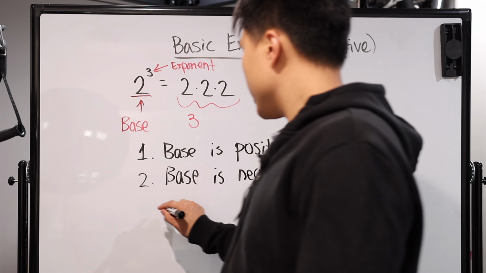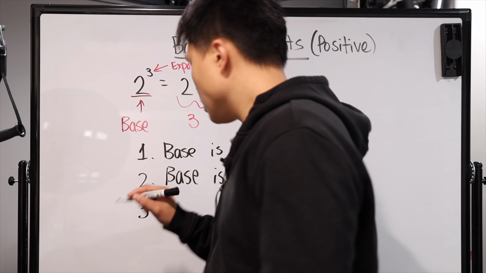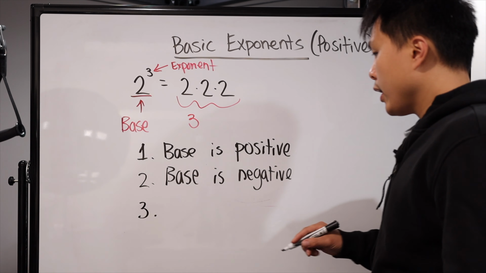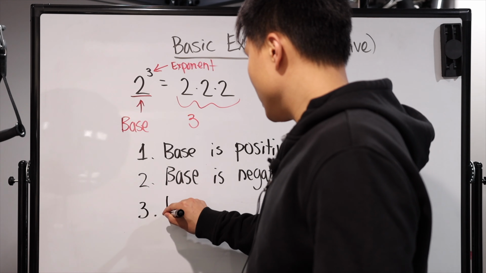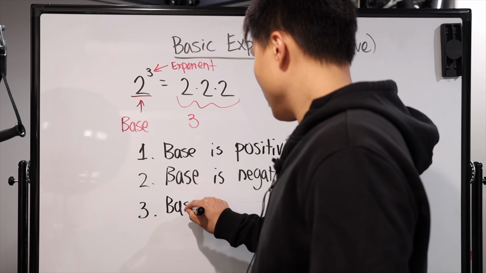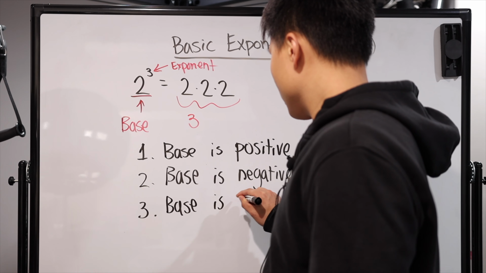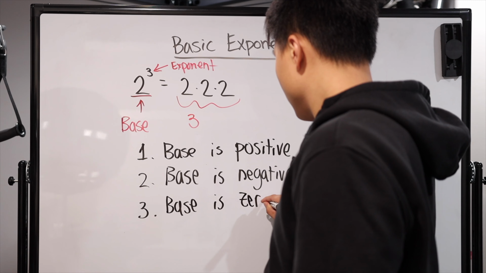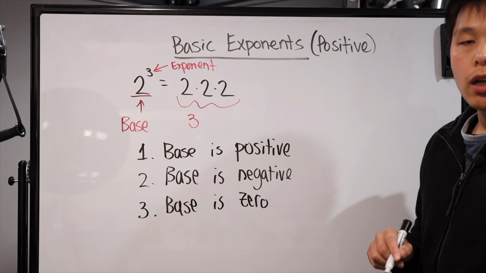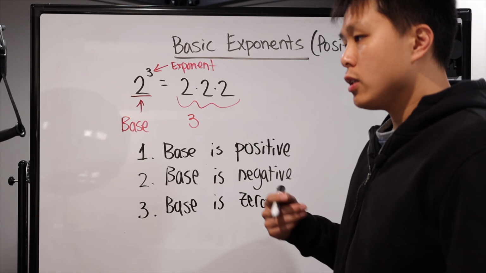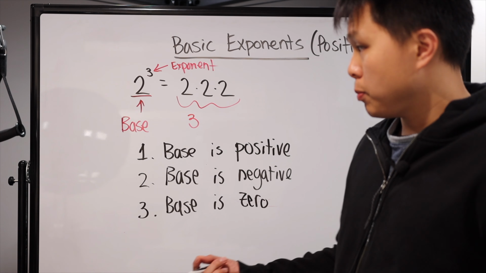And the lovely thing is that case 3 is when the base is, well, 0. Okay, so those are 3 possible cases that you will encounter when working with exponents.